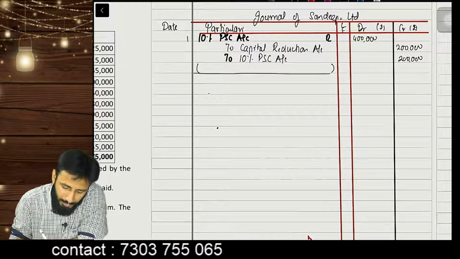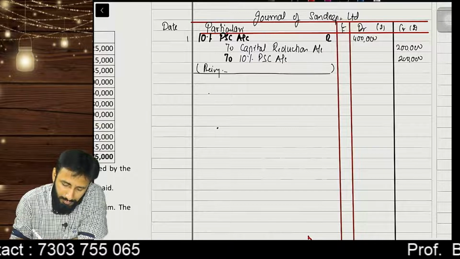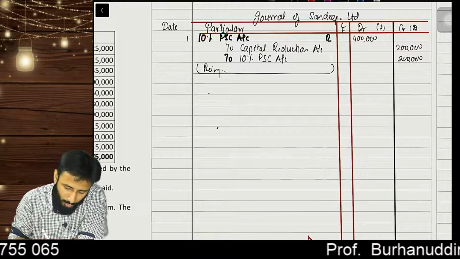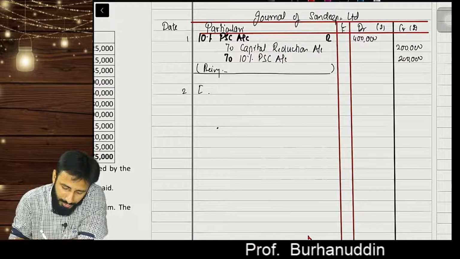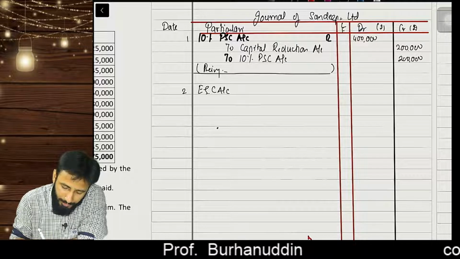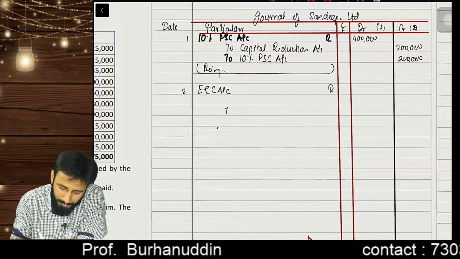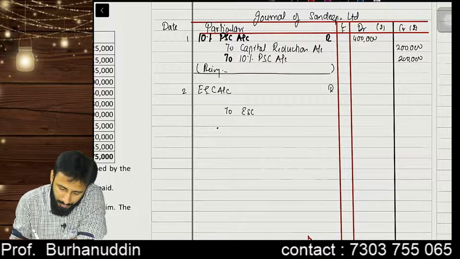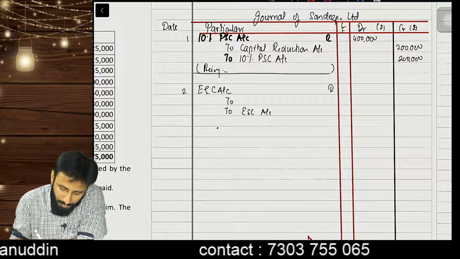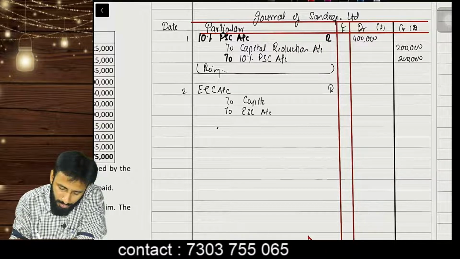Narration will be, you know about it. इक्विटी शेयर्स के अंदर में सेम हुआ है, तो इक्विटी शेयर कैपिटल अकाउंट डेबिट and the remaining amount goes to capital reduction.